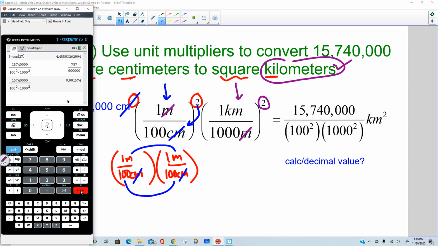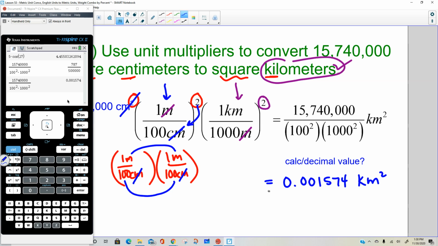Let's write that down and then discuss how we're going to express our answer. So this is nice. It actually terminates after the 4. So 0.001574 square kilometers. That's one choice if you want to just leave it as the full value, if it's not too many decimals. The other thing is we can round.